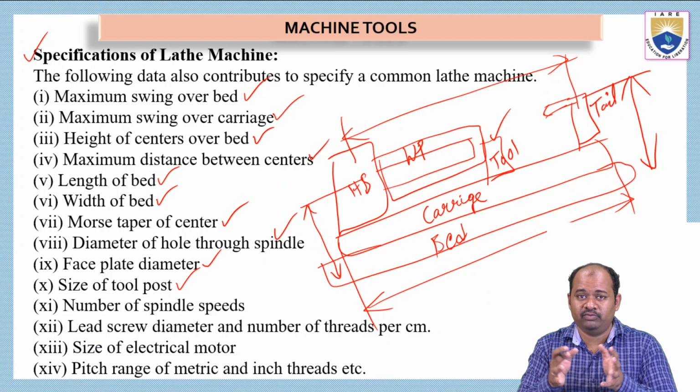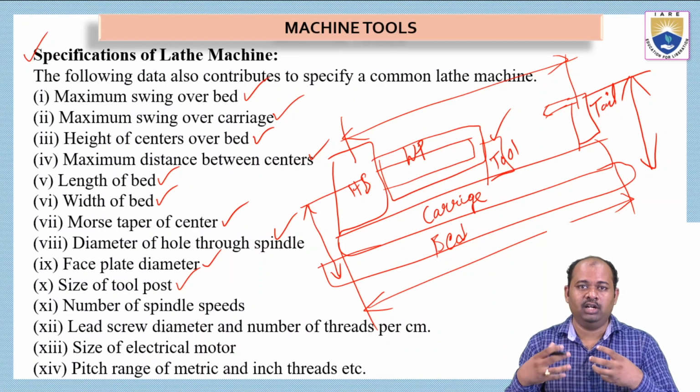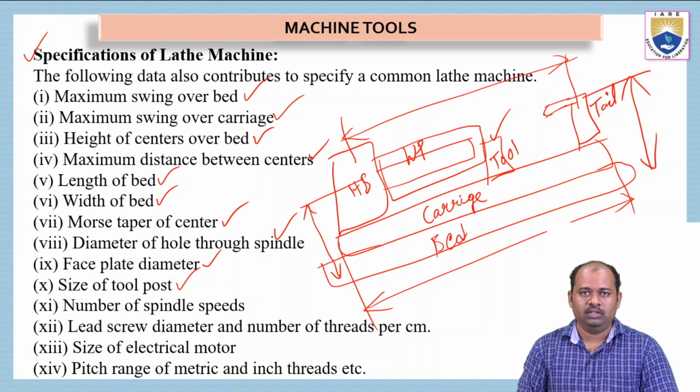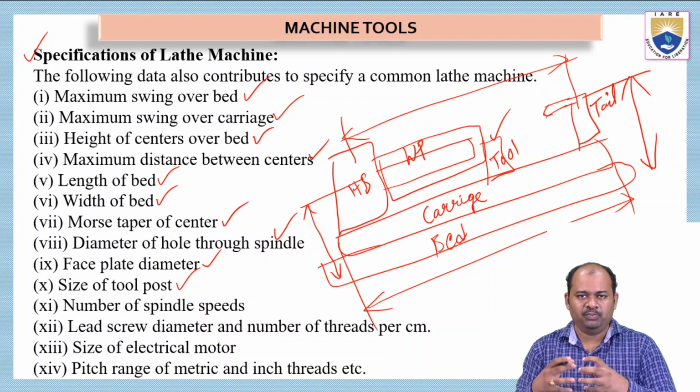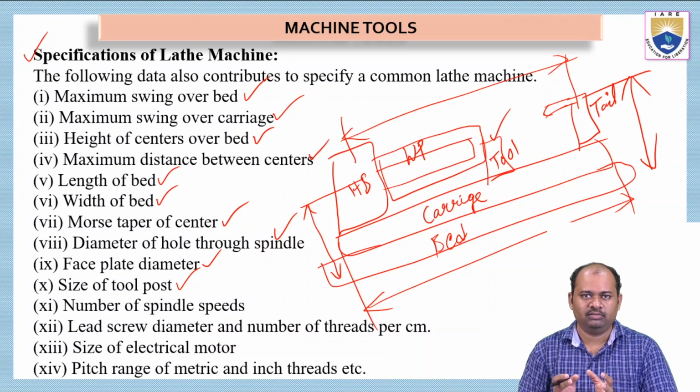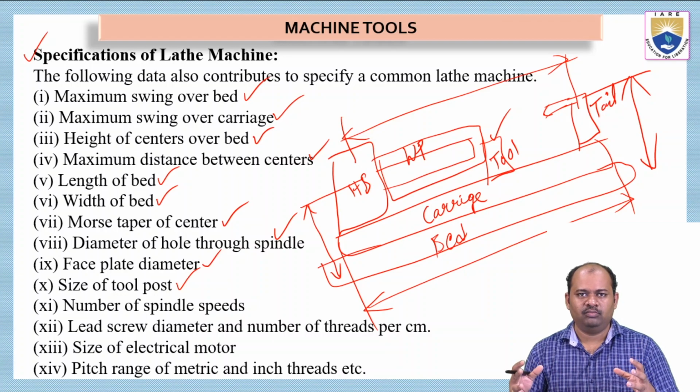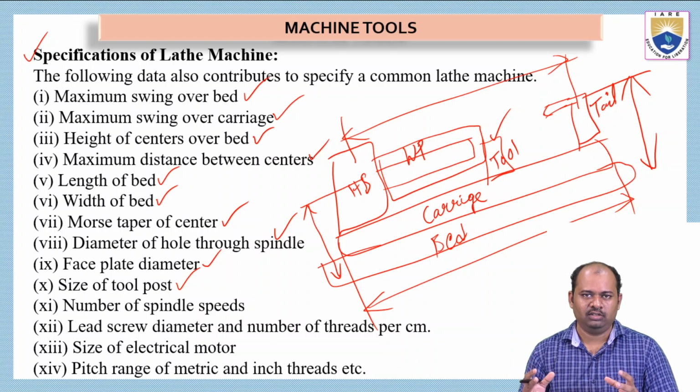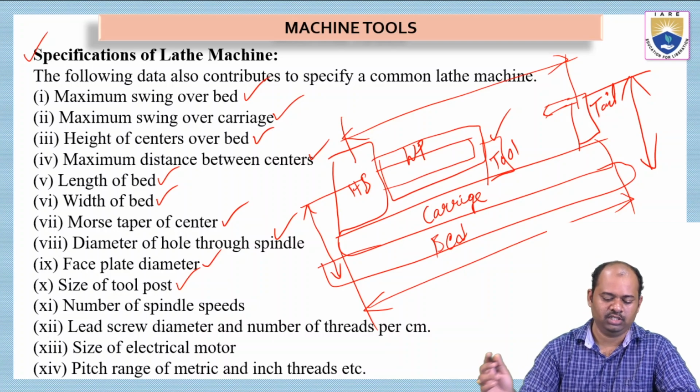If the tool post is very large, we can insert multiple tools, so that we can do multiple setup operations one after the other by simply rotating the tool post and aligning the tool with the workpiece. The larger the tool post, the more tools can be attached. The smaller the tool post, the fewer tools can be attached, so we have to frequently change the tools for doing different operations on the lathe machine.